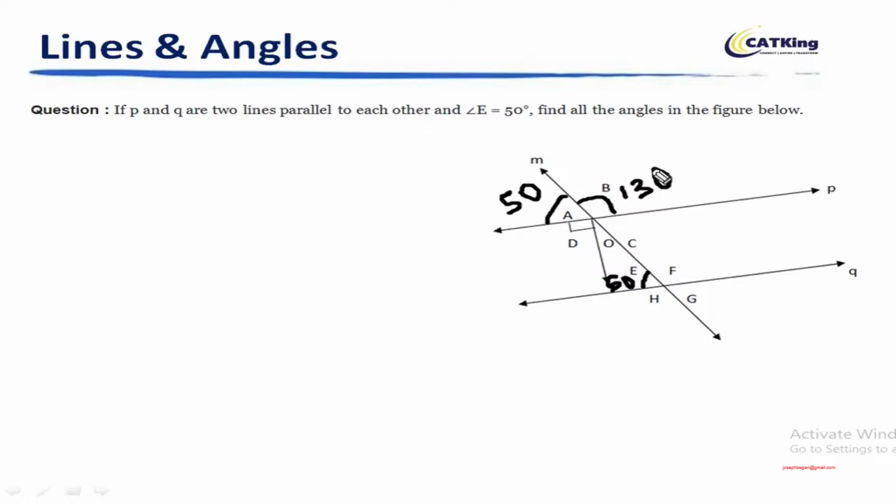This is 130. If this is 130, then this will be 50, as these two are vertically opposite angles, right? This is 50, this is 50, this will be how much? This will be 130.